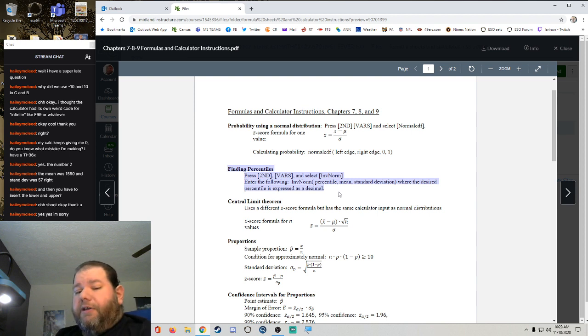But specifically on the 83, we'll want to enter inverse normal, and then the percentile, and then the mean, and then the standard deviation. The other two calculators will prompt us for those things, so we don't have to worry about it as much. But on the 83s, we have to make sure we put them in the right order, otherwise it's not going to give us the right answer. It is problematic in that regard.